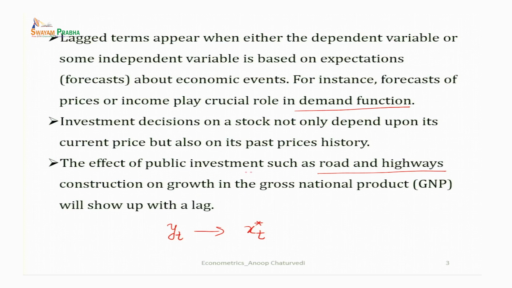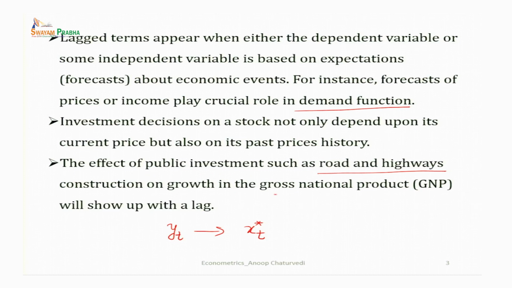These investments start showing effect after a certain period. So, while modeling GNP using investment on infrastructure as one of the explanatory variables, you not only consider the current investment on infrastructure, but lagged values of investment on infrastructure also in your model.